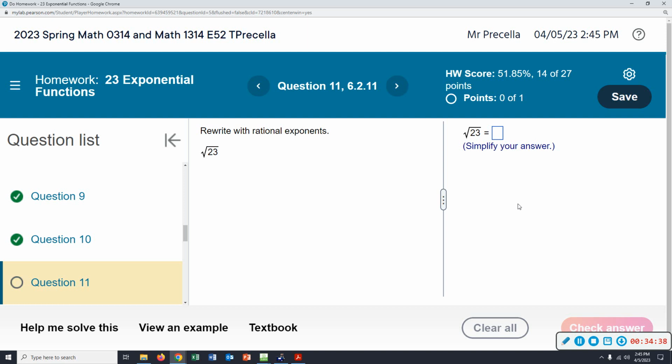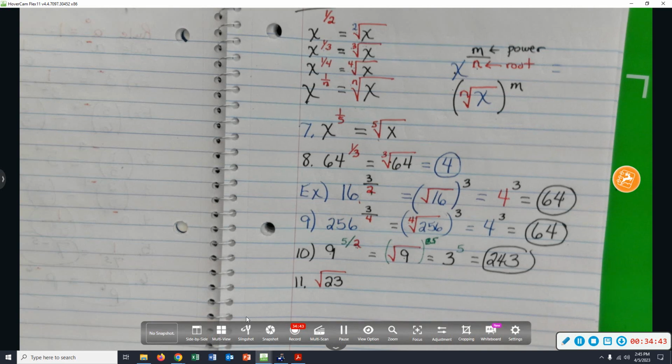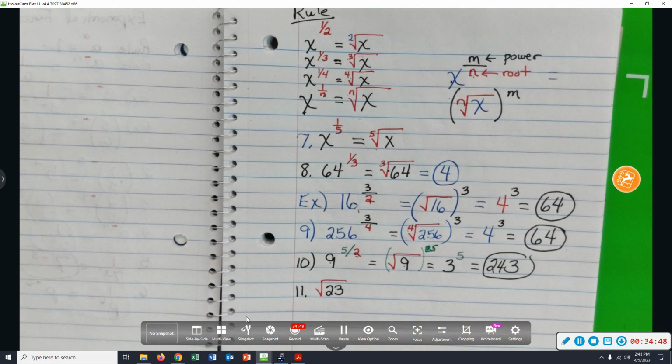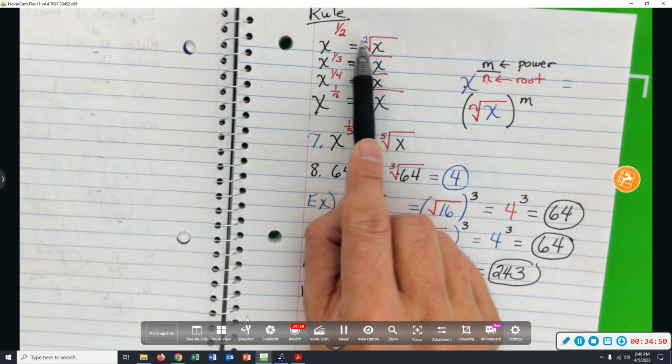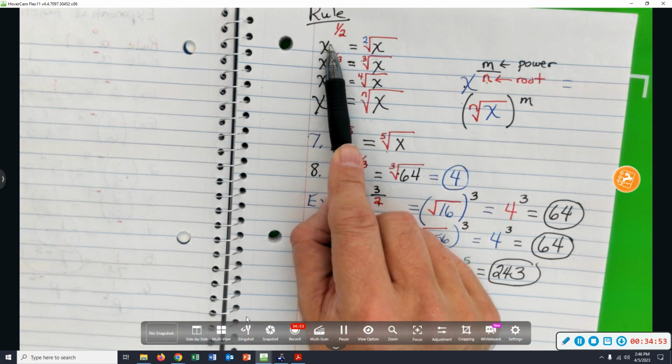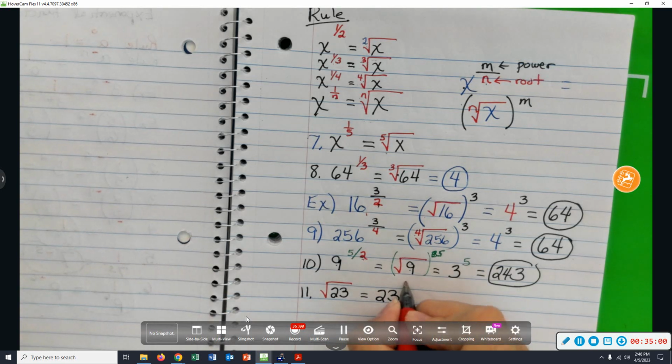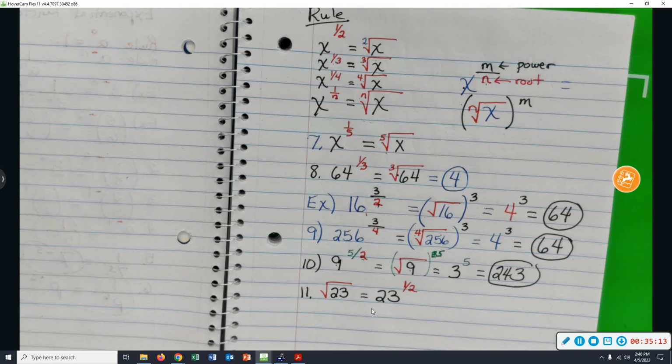Oh, shoot. There. We are using these rules. We're going to go backwards. If you have a square root and you want to write it with a fractional exponent, it would be 23 to the 1/2 power.